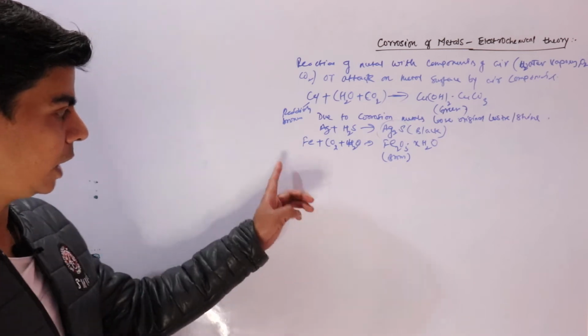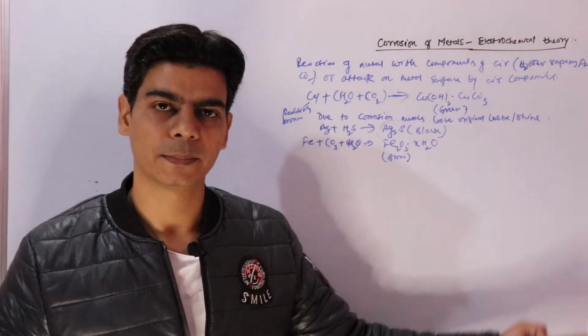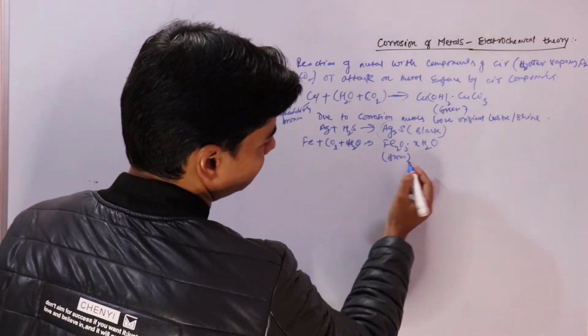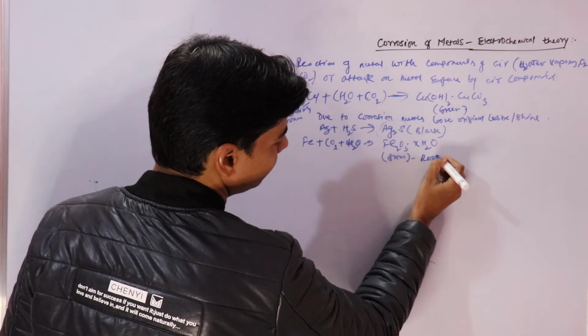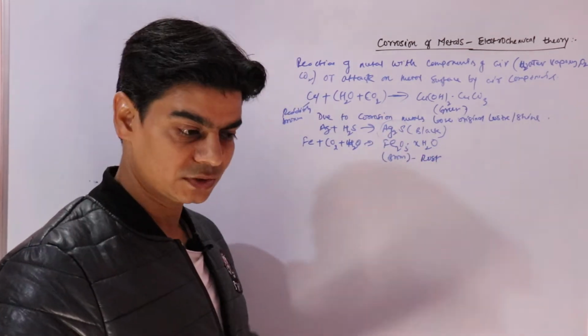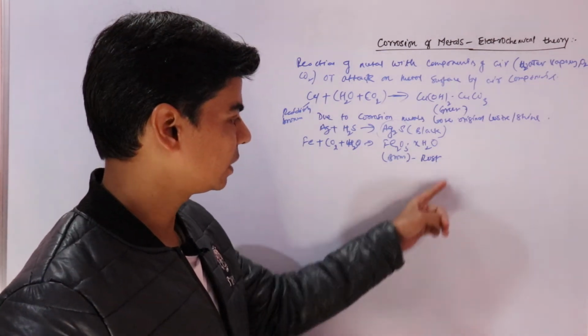We will also understand the corrosion of iron based on electrochemical theory, right? So this brown colored compound that gets formed on the surface of iron when iron is exposed to air is known as rust, right?